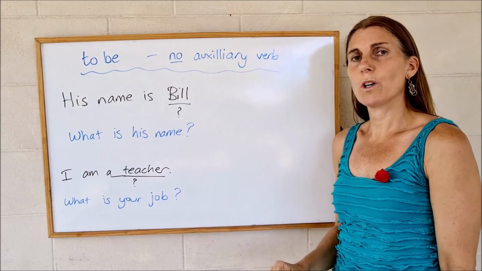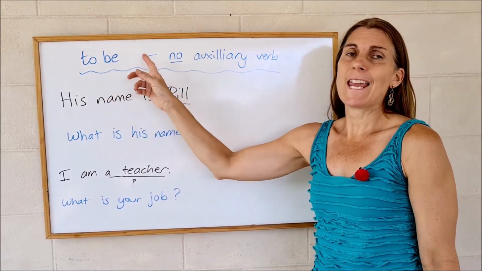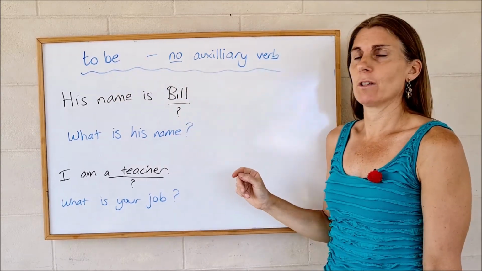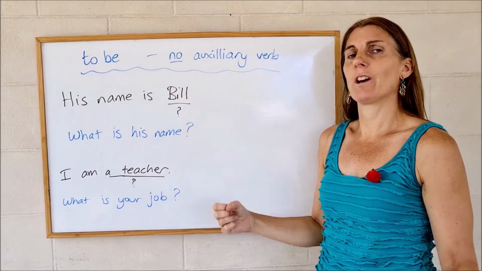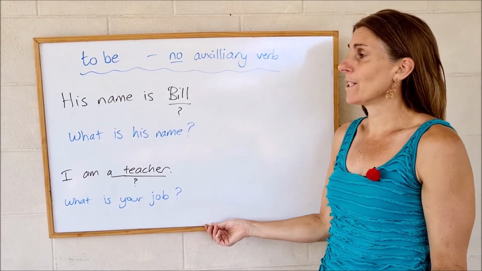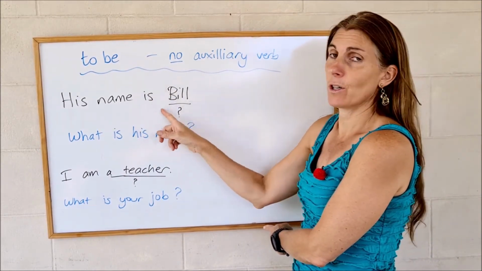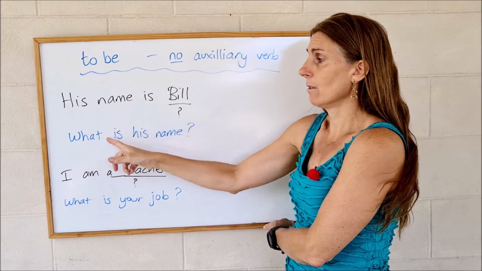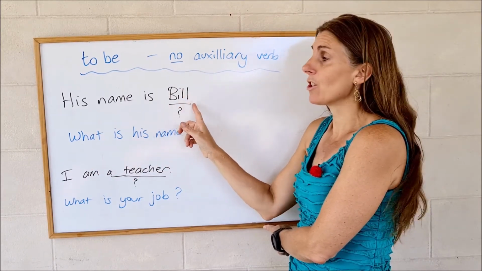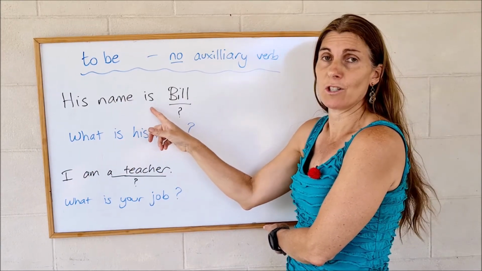Okay, just one more note about questions with auxiliary verbs. If the main verb in the sentence is to be, we don't need an auxiliary verb. The verb to be is very strong in English, and it doesn't need any help. So for example, his name is Bill. Here our main verb is to be. And our question, what is his name? So it's an object question, so we have to switch it, but we don't need any help because to be is very strong.